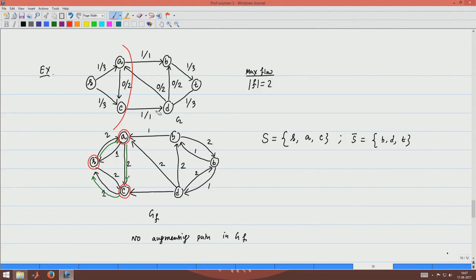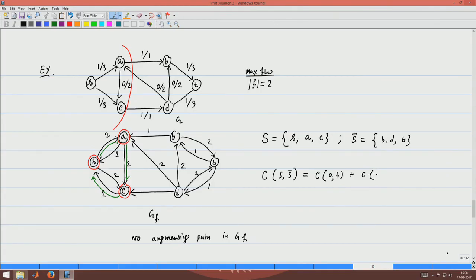Now, what is the capacity of this cut? The capacity of this cut from S to S complement is the edges which are going out of S, the capacity of A B plus the capacity of C D, right.